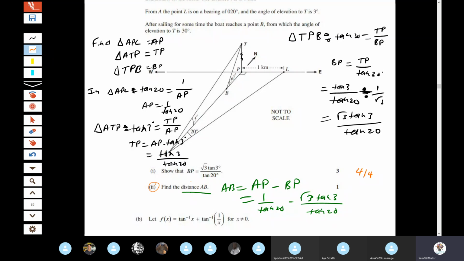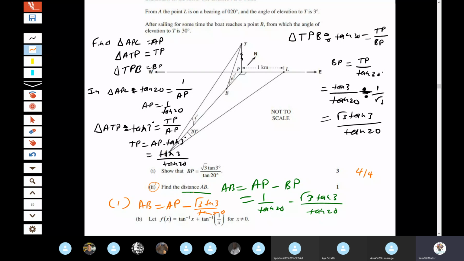If part (i) was only worth 1 mark, and you wrote AB equals AP minus root 3 tan 3, and said I don't know how to find AP, we could still give you 1 mark out of 1, because essentially all you didn't know was how to find AP from part (i).